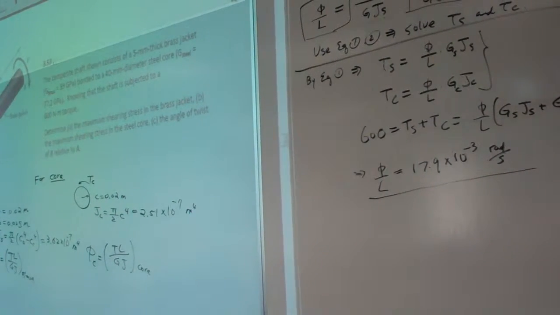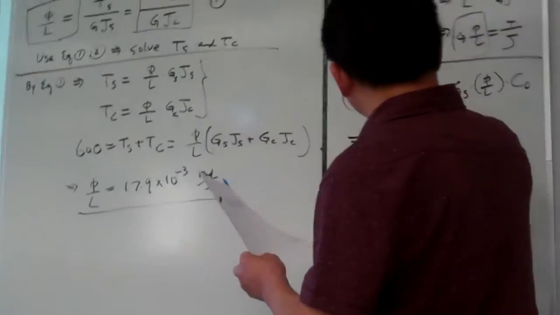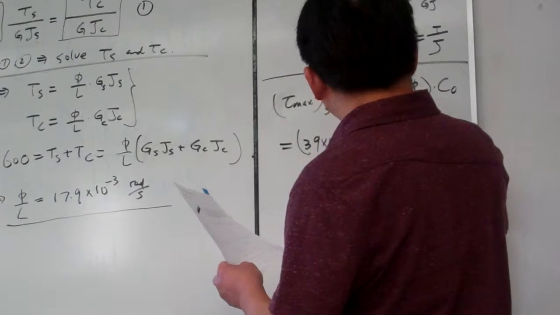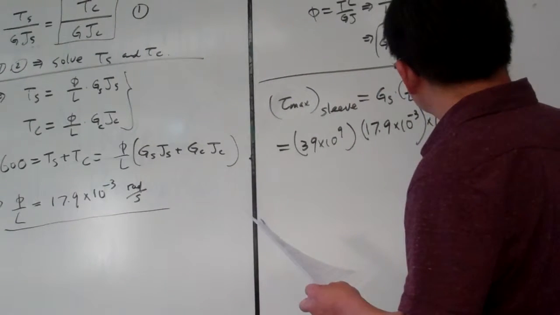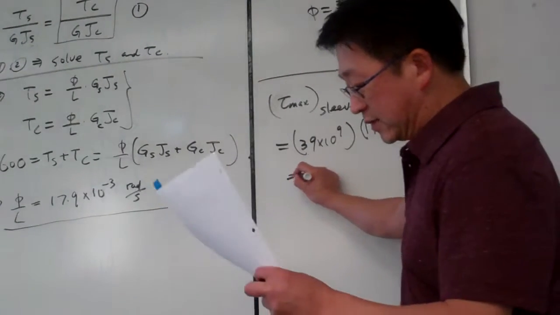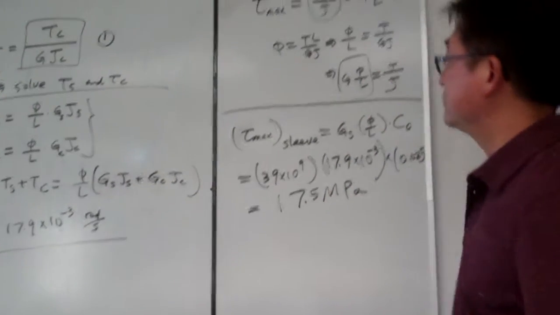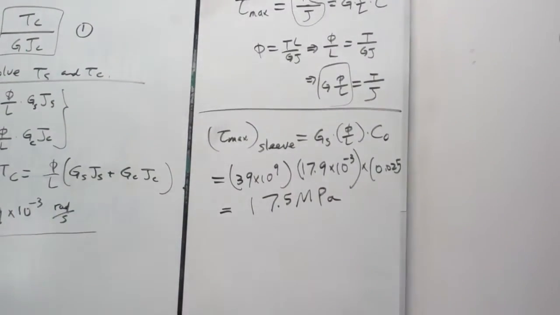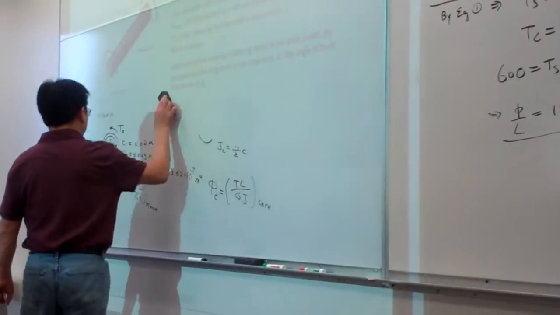So this number will be equal to, we simply plug in 39 times 10 to the 9 times 17.9 times 10 to the minus 3, and CO is 0.025. So this will give us 17.5 MPa. Okay, and let me iterate this part. We will continue.